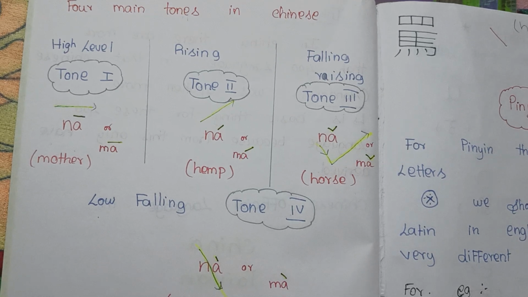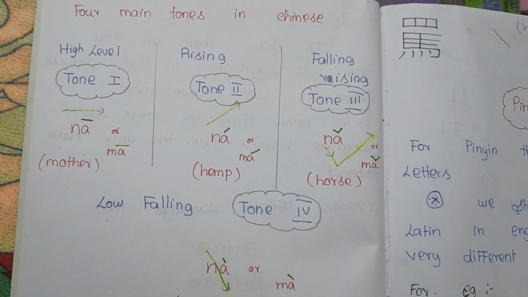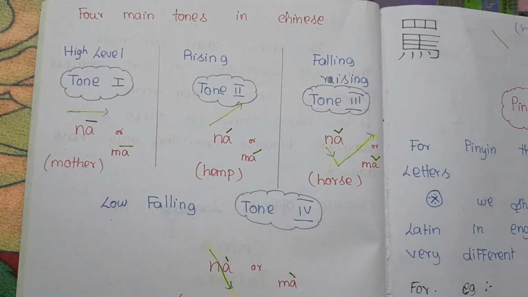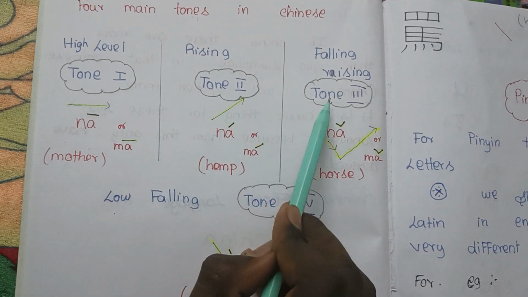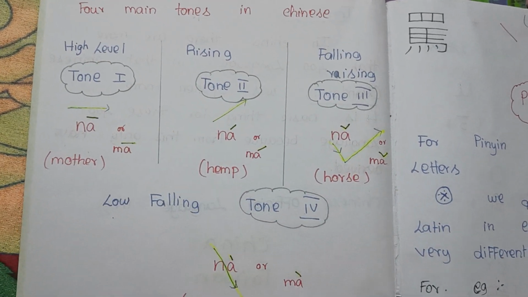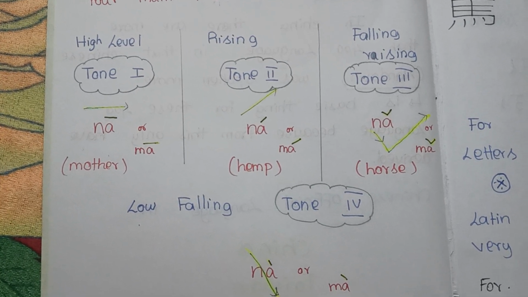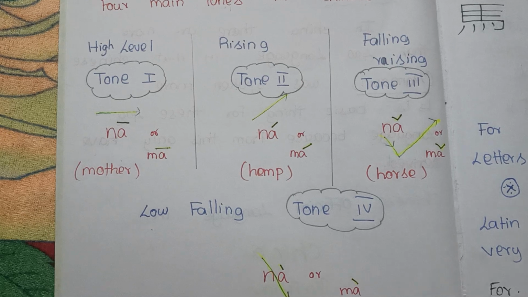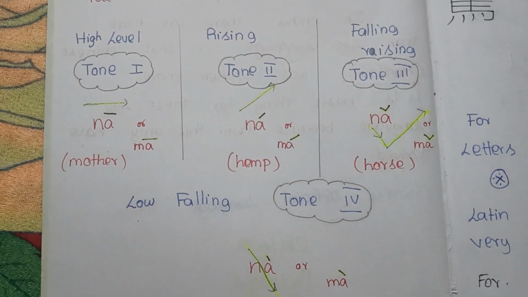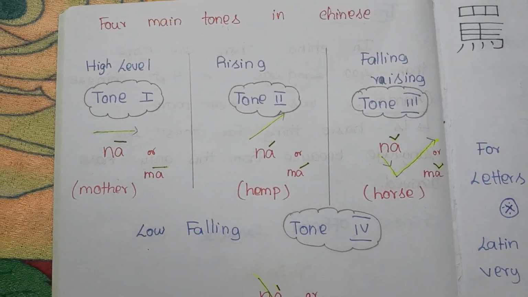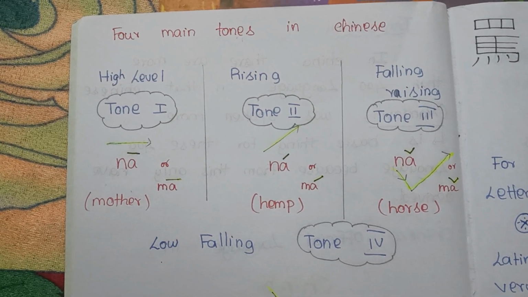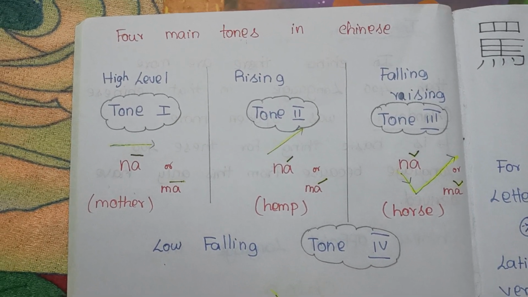about the Chinese tones. In Chinese there are four main tones: tone 1, tone 2, tone 3, and tone 4. Before entering the tones, I have to explain what a tone is, because tone is very important in Chinese. In the previous video I taught about Thai characters.